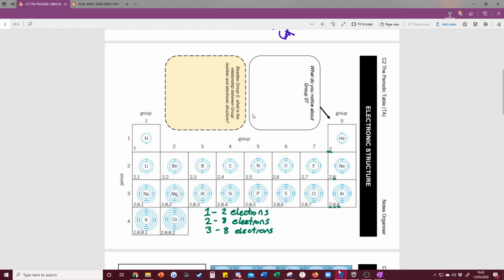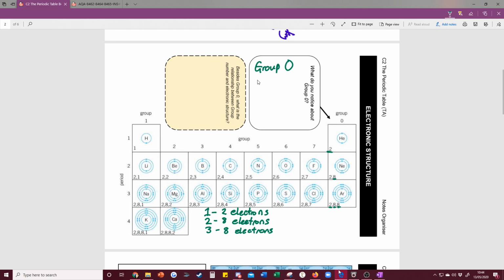Because it has completely filled atomic shells, its electrons are happy. Its electrons have a completely filled shell. They are satisfied, so they do not like to chemically bond.